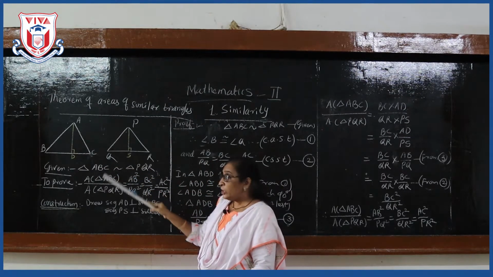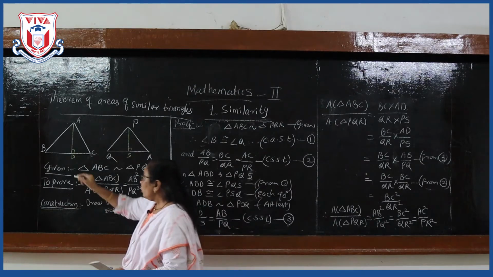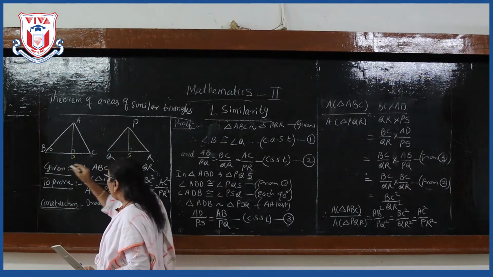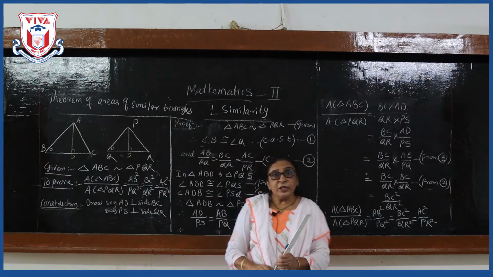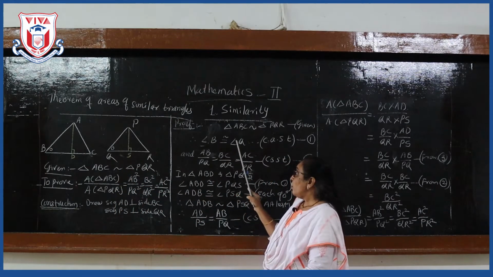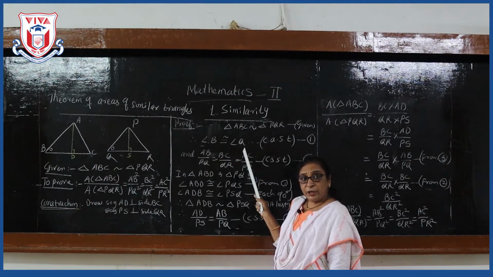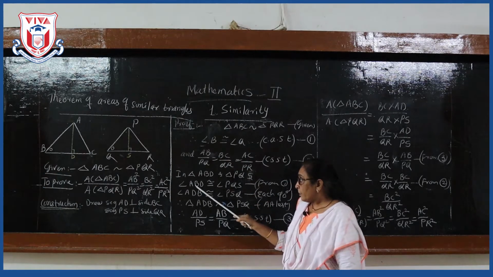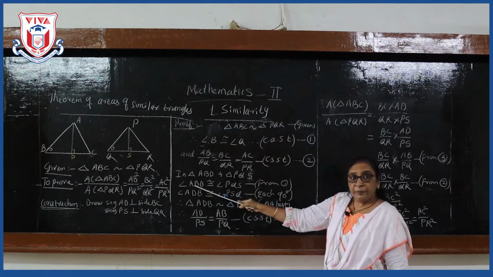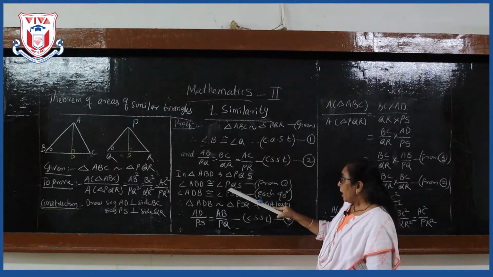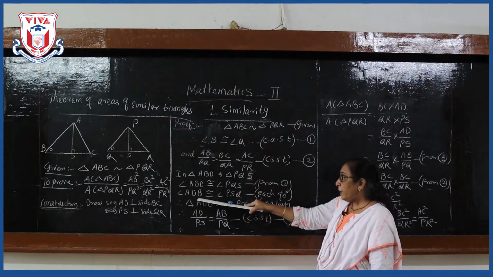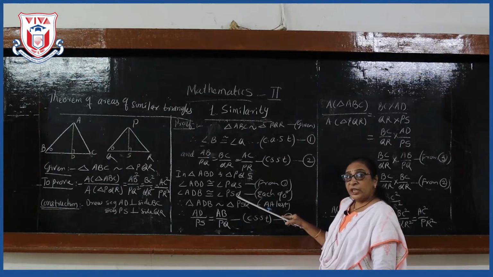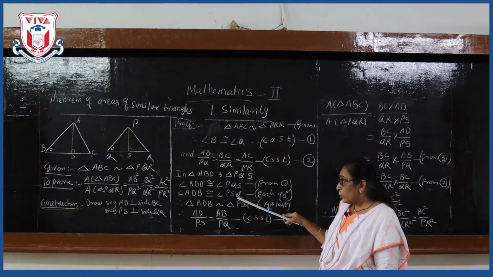Angle B and angle Q are congruent because these two are corresponding angles of similar triangles. So angle ABD is congruent to angle PQS, and angle ADB and angle PSQ are each 90 degrees, so they are congruent.